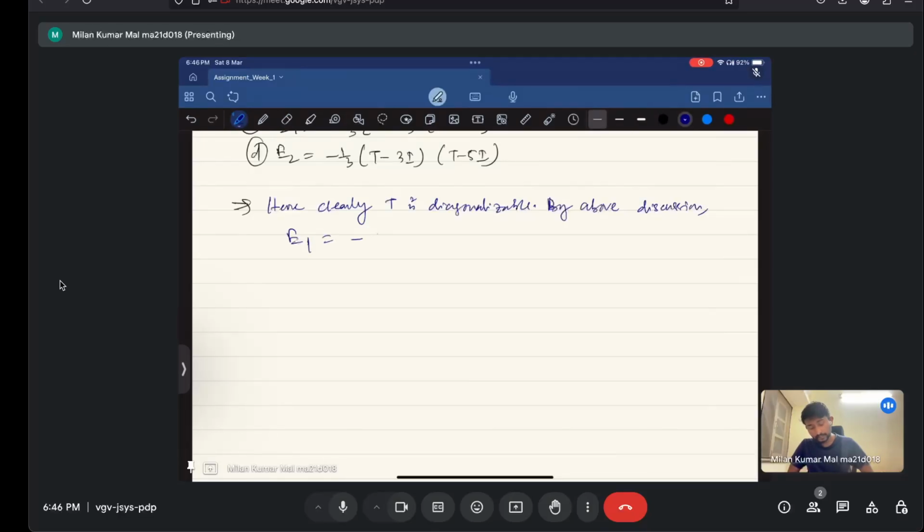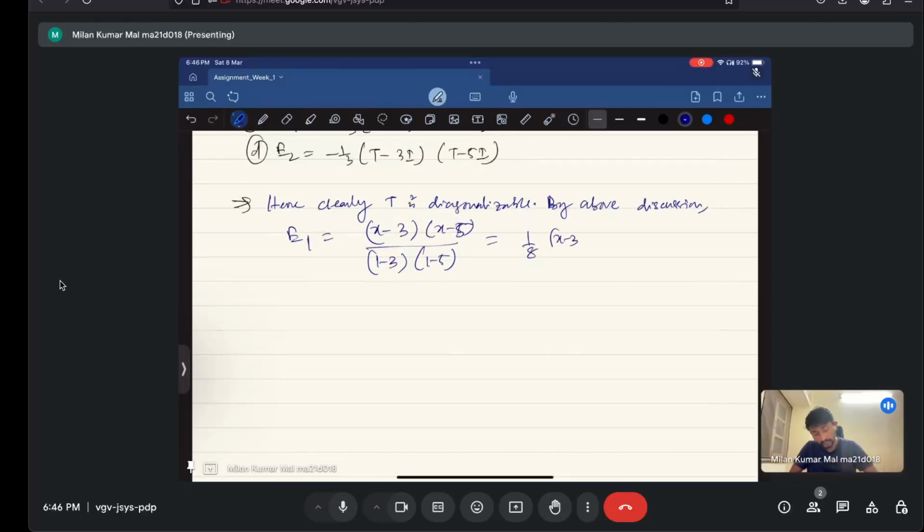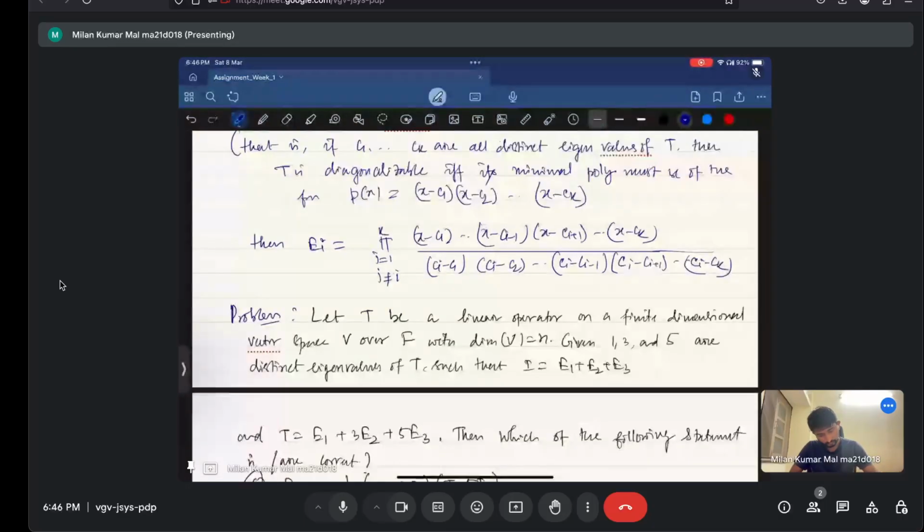E1 will be x minus c2, that is the eigenvalues other than the one corresponding to 1, that is 3 and 5, so (x minus 3)(x minus 5) by (1 minus 3)(1 minus 5), that is equal to 1 by 8, (T minus 3)(T minus 5). So this Ei is equal to pi(T), where pi is this.